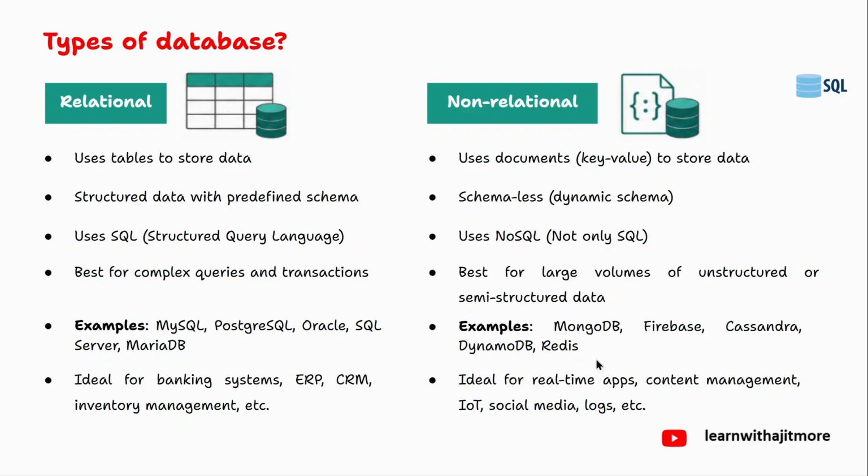So that data cannot have a pre-decided structure. Content management, IoT, Internet of Things, where devices are connected with the cell phone and information from the device comes to your cell phone, not necessarily in a fixed format. Social media websites, logs: when logging is done, not every log record necessarily has the same information. So they all come under non-relational database.